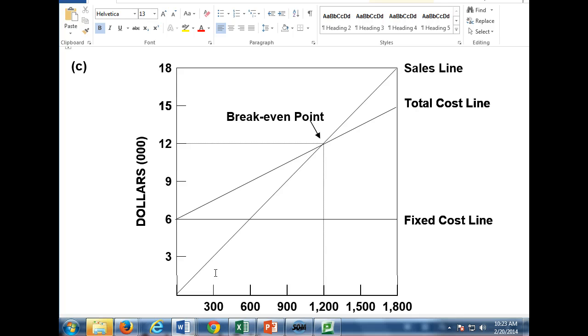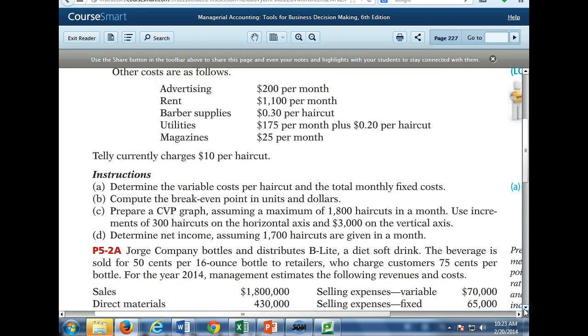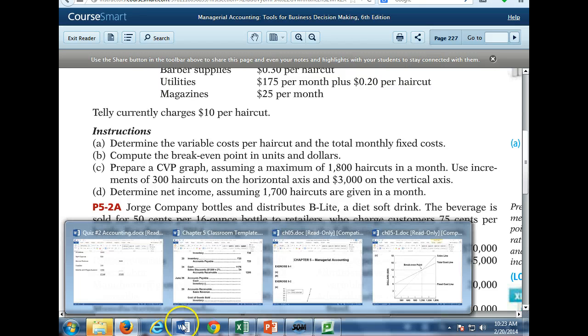Let's see what D says. Determine net income assuming 1,700 haircuts are given in a month. How are we going to do that?